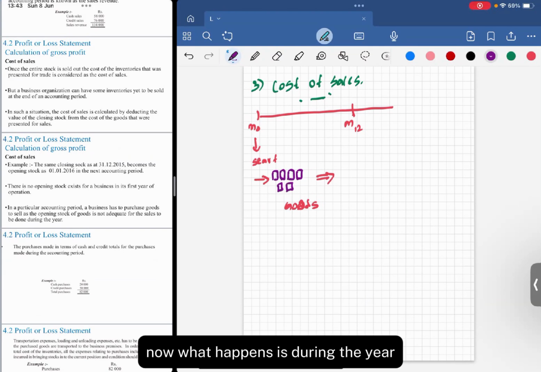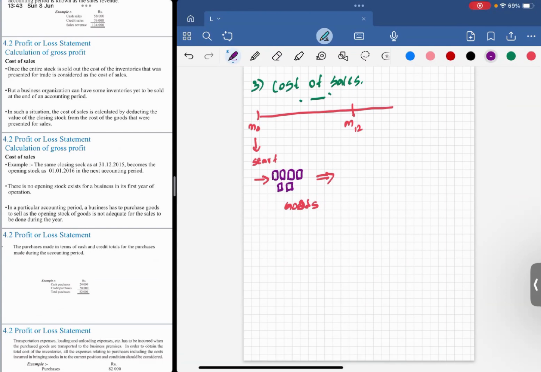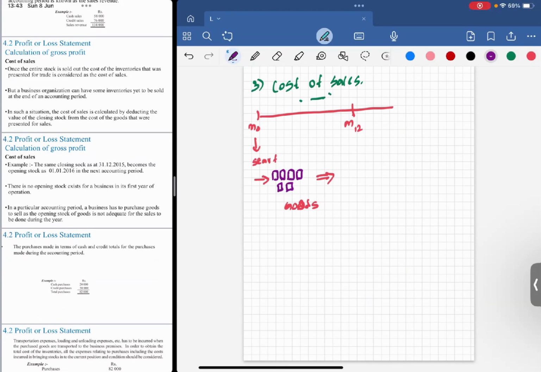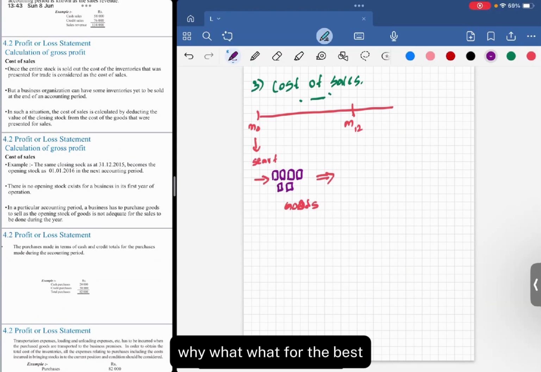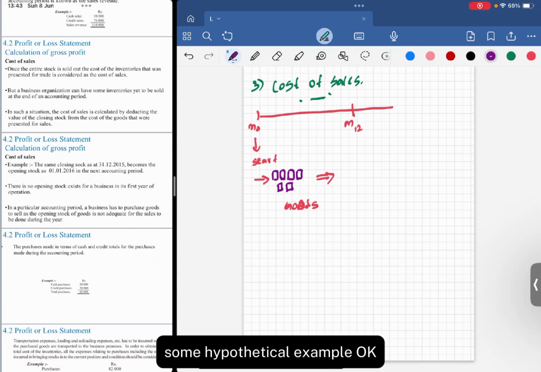Now what happens is during the year, we are consuming... For example, some hypothetical example.